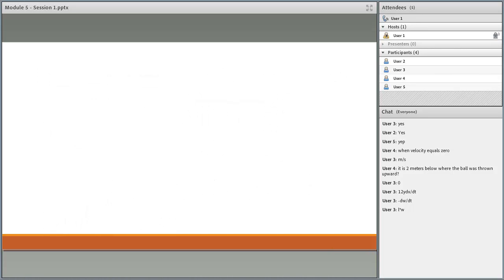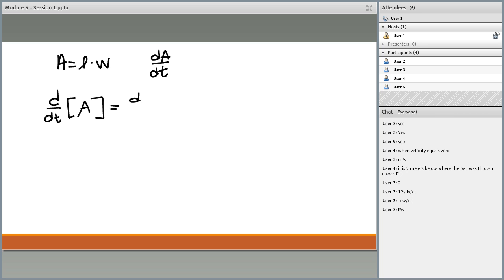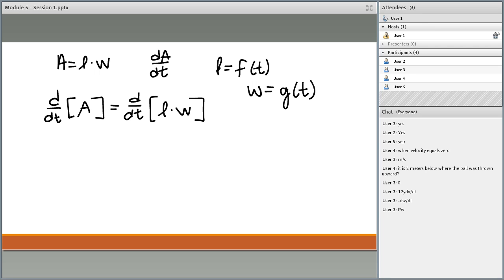Let me go to the next page really quick. So we know area is length times width. We're trying to find dA/dt, the rate that the area is changing with respect to time. And so we took the derivative with respect to t of each term. And we know that the length is changing as a function of time, and we also know that the width is a function of time.